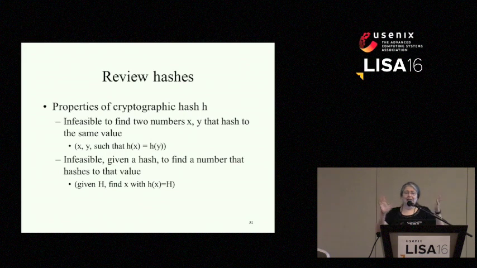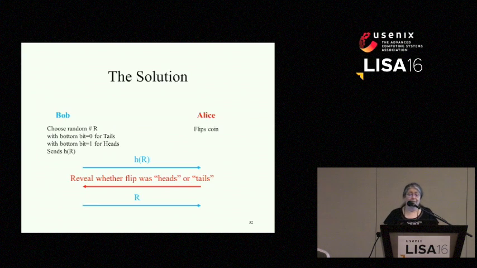So we're going to use cryptographic hashes. Just to review, it should be infeasible to find two numbers that hash to the same value. And it should be infeasible, given a hash, to find a number that hashes to that value. So the solution to our problem is that Bob chooses a random number R such that the bottom bit is a 0 if he wants tails and 1 if he wants heads.